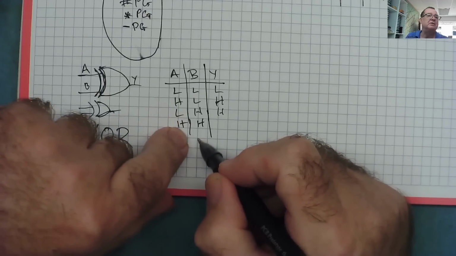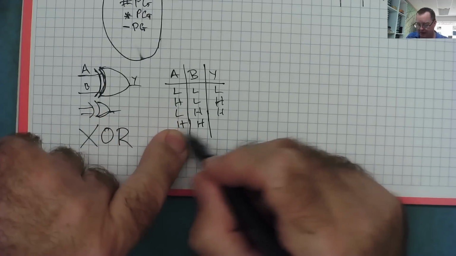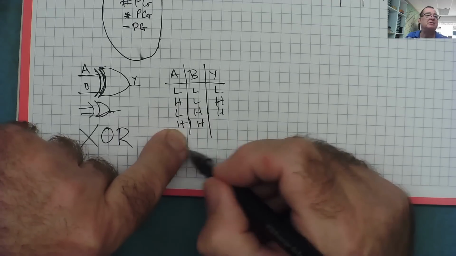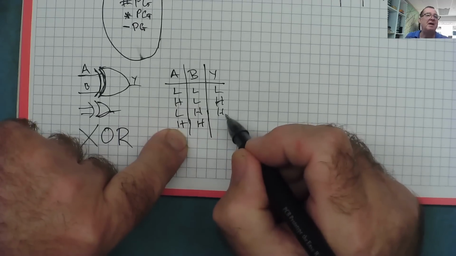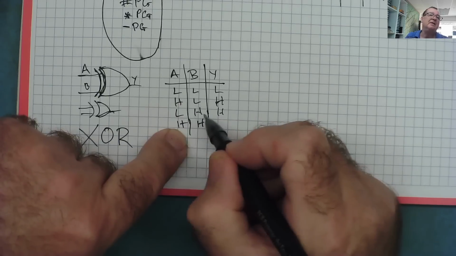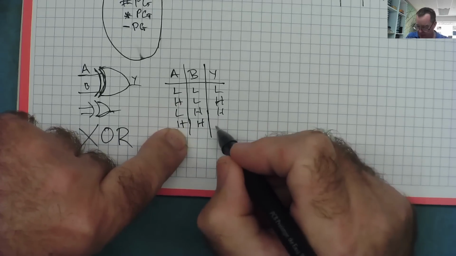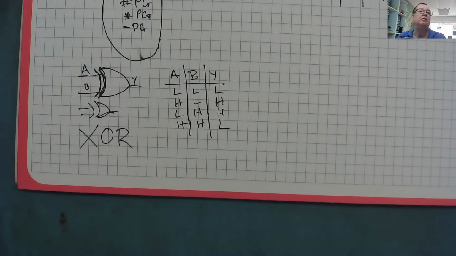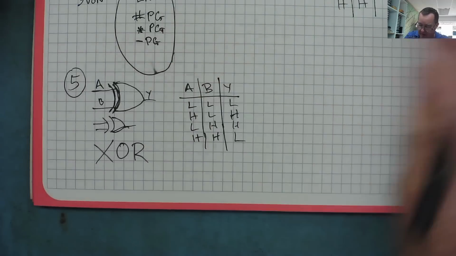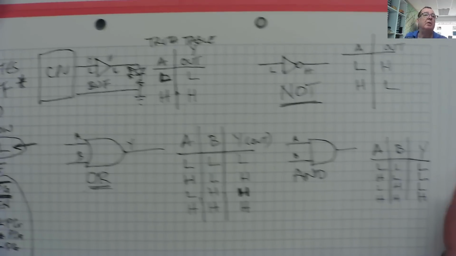What about this condition? Well, this is the difference between an exclusive OR and an OR gate. The reason it's exclusive is because you only get a high if this or this is high, not if they're both high. That's why it's called an exclusive OR. So that is your 5th basic type of gate. Just number them so we knew what they were.